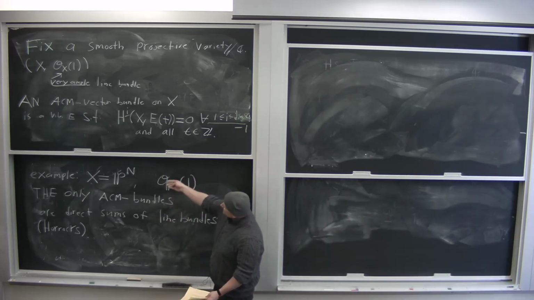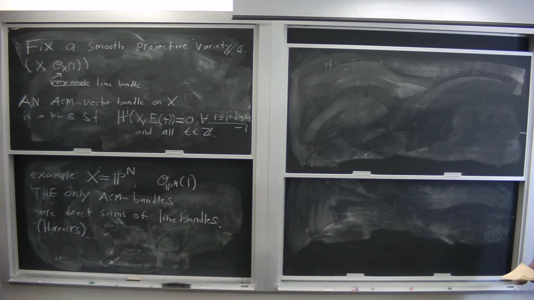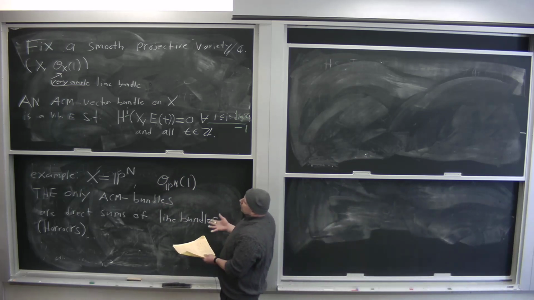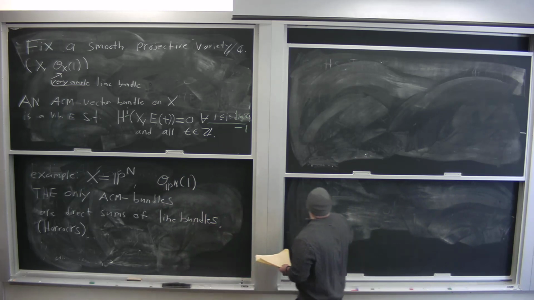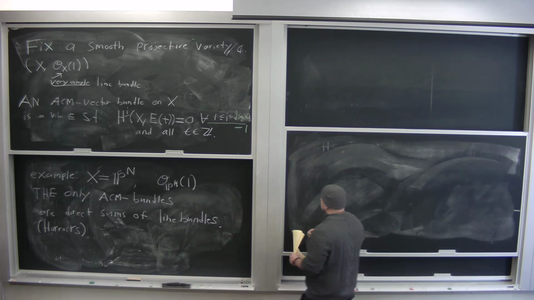So this is maybe the first motivating example. And then you could ask, okay, what about other projective varieties?